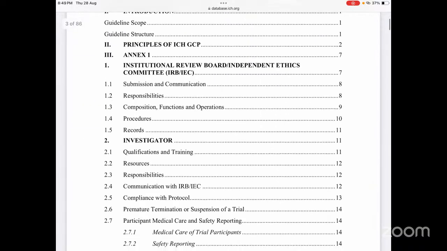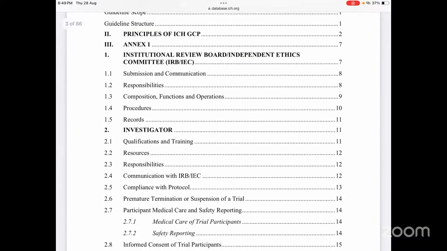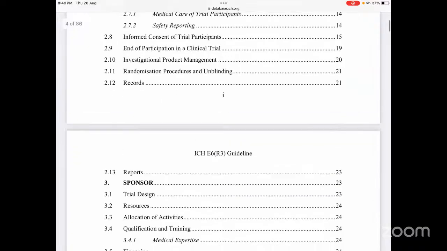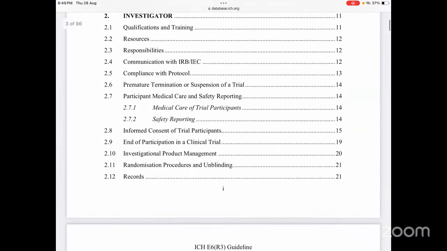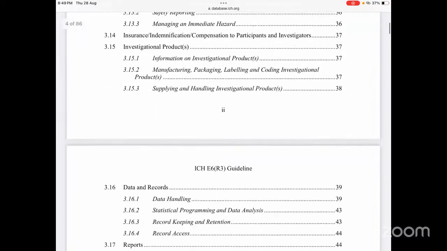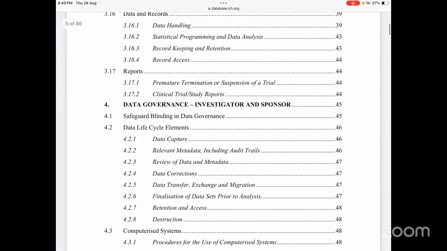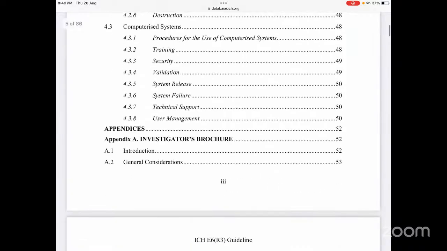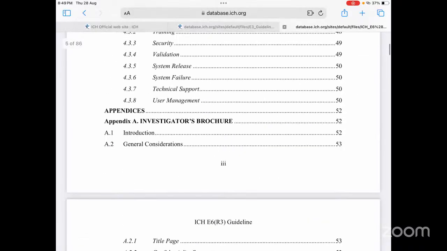This got a revision this year, right? Even your ethics committee composition, function, operations, investigator role, how to provide medical care, sponsor responsibility, data governance, investigator and sponsor, the investigator's brochure. The idea is to give you the maximum knowledge.